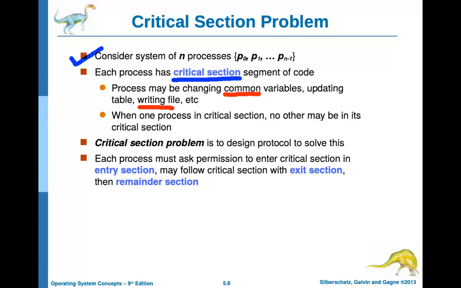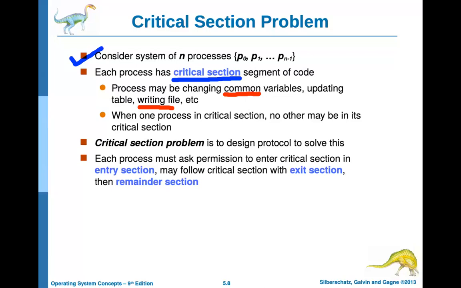Updation, or these few words, are sufficient to describe the critical section. So whenever processes may be changing common variables, updating tables or writing to files, this segment of code in every process is called the critical section. This is the definition.